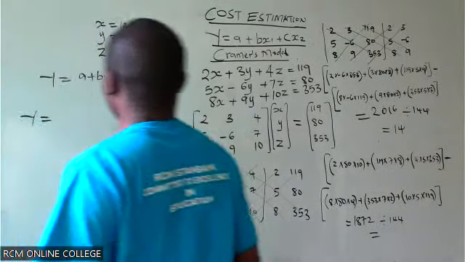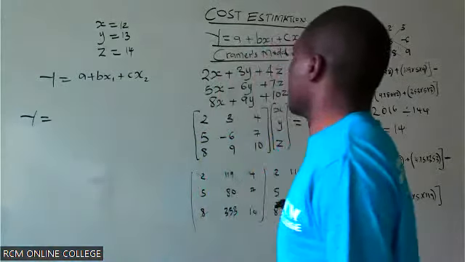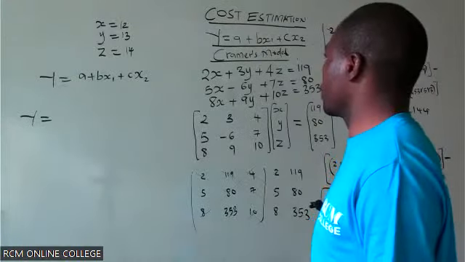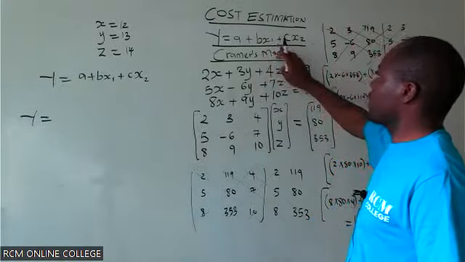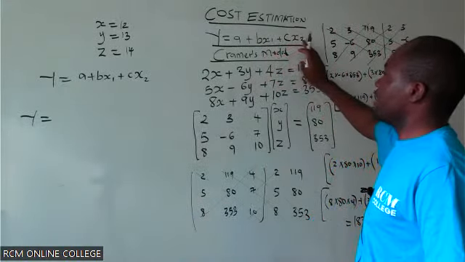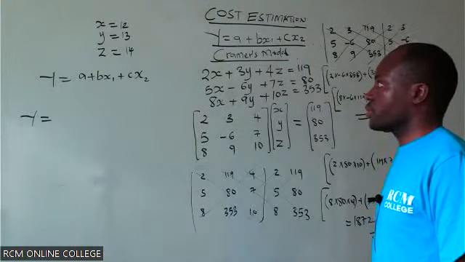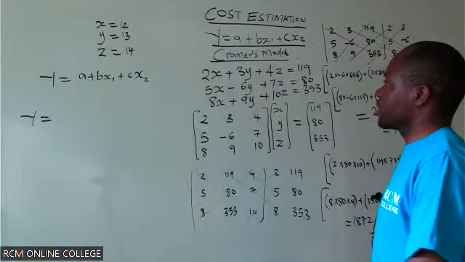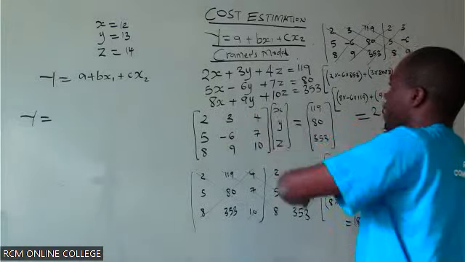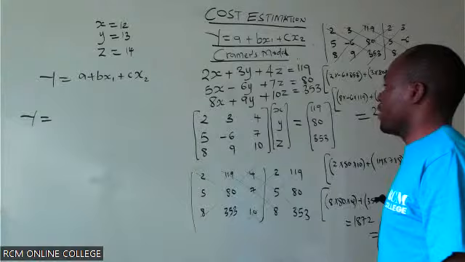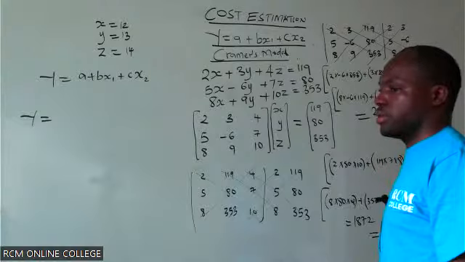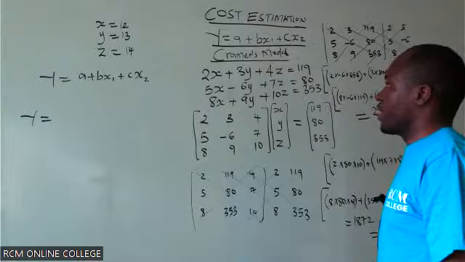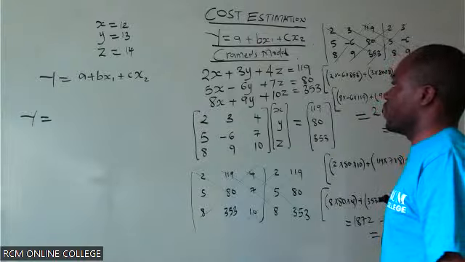Our Y is equal to A plus BX1 plus CX2. So having gotten the values of these items, are we able to get now the unknown?